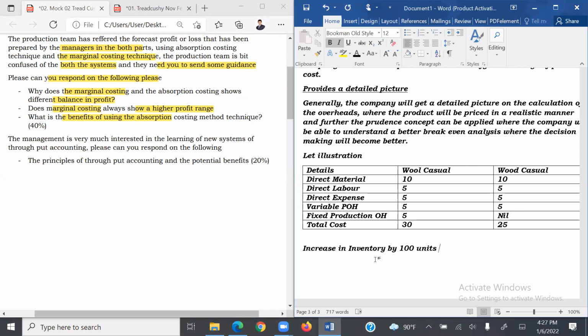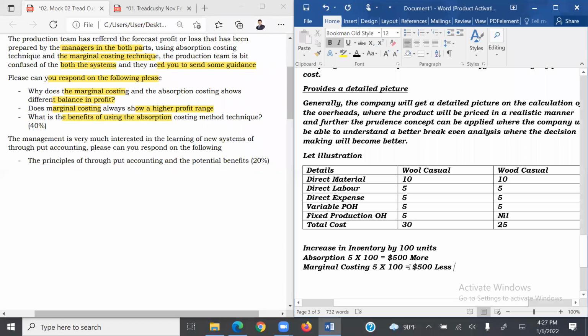So students, if you observe the absorption costing will have 500, that is 5 into 100, that is $500 more. And if you see marginal costing, what will happen? 5 into 100, which will be $500 less. You get the point there, students? Yes or no?